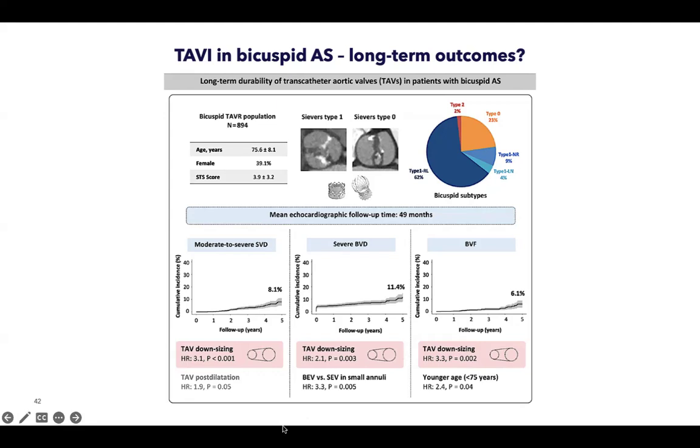Also, we see that balloon-expandable valves again have higher BVD rates. That's logical because there's more patient-prosthesis mismatch. So there is also an argument to go more for a self-expanding device, especially in small bicuspid annulus cases. Then there is also more BVF, bioprosthetic valve failure, which is the rate of reintervention. We see that more reintervention is done in the younger patients.